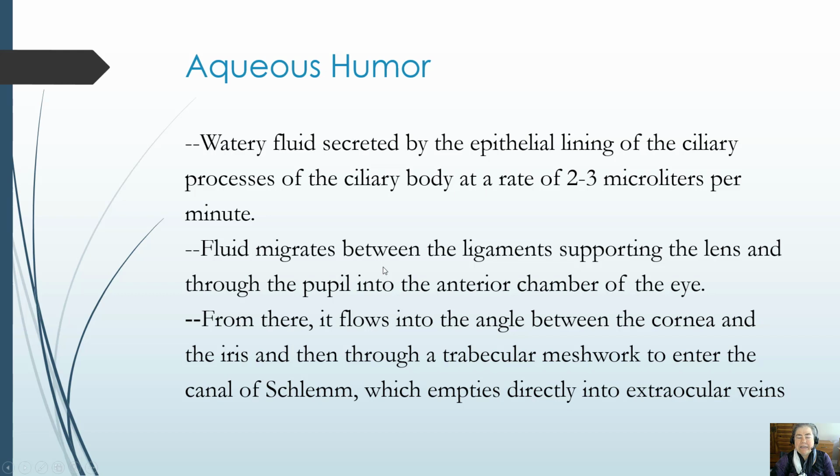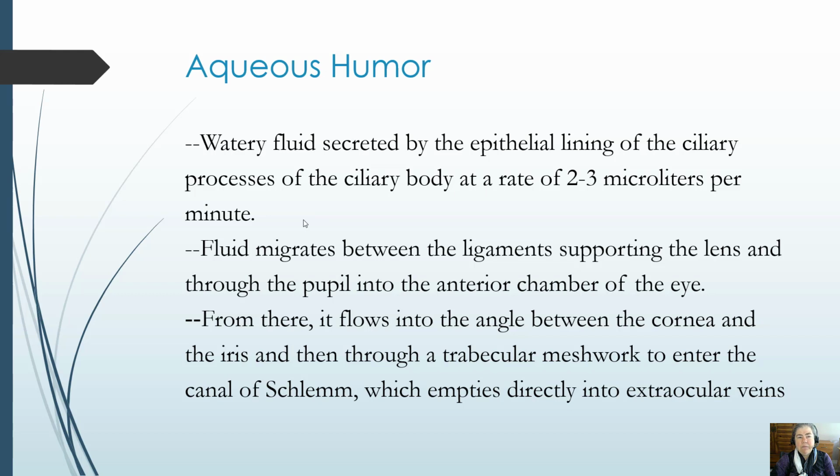It is continuously secreted by cells that line something called the ciliary body. So there is an epithelial lining of the ciliary body that's continuously secreting a little bit of aqueous humor. So 2 to 3 microliters per minute. Not a lot, a little bit.